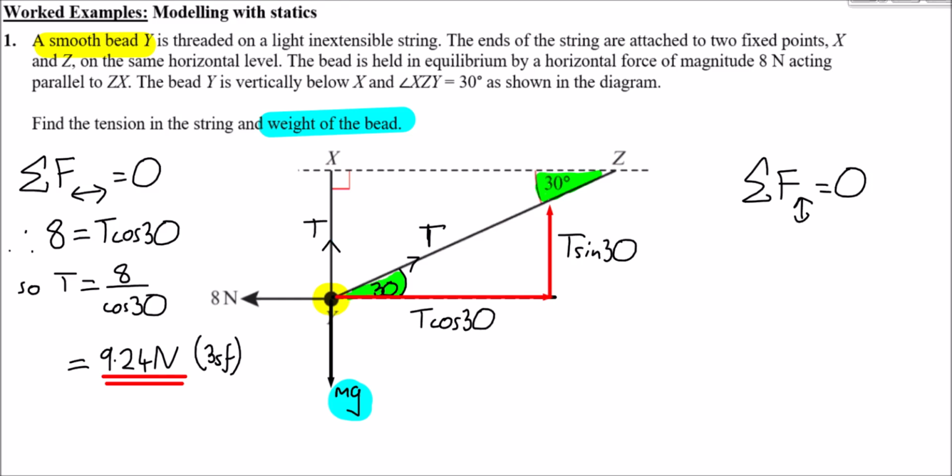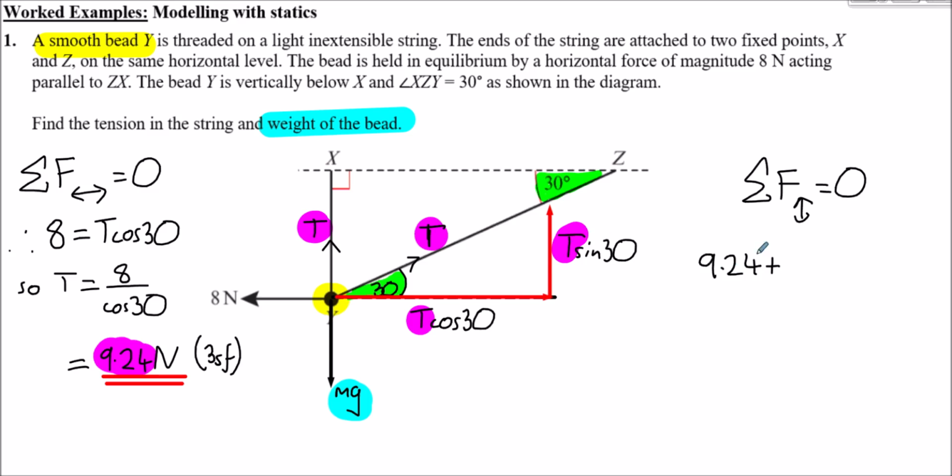However, we know what T is now. We know that T has a value of 9.24 newtons. So we can fill this in. So acting in the up direction, we've got T, which is about 9.24 newtons.